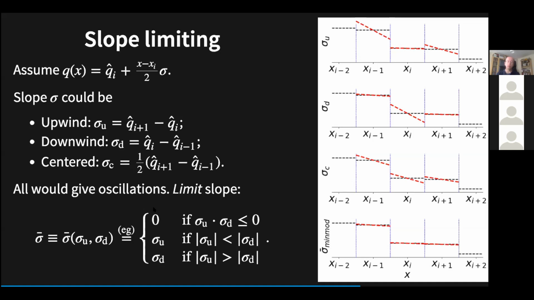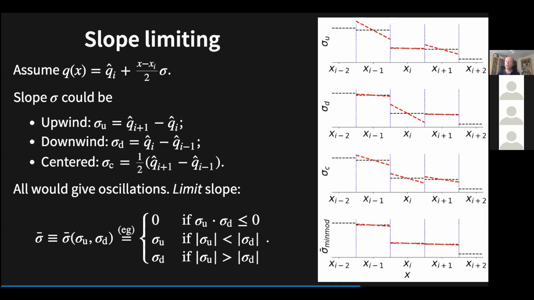Now, the min-mod slope limiter, which is what I'm showing below, is a simple but not particularly accurate slope limiter. And that works by picking the slope that is smallest in absolute value. So we can see from the picture that we've now got a set of slopes that are all fairly small, and there's no oscillations being introduced.